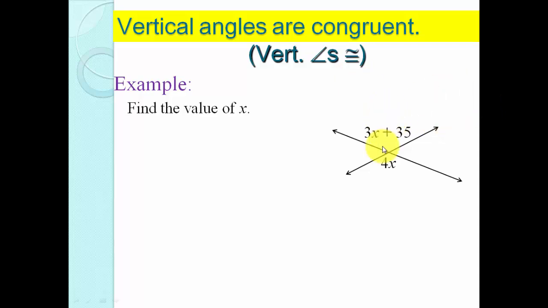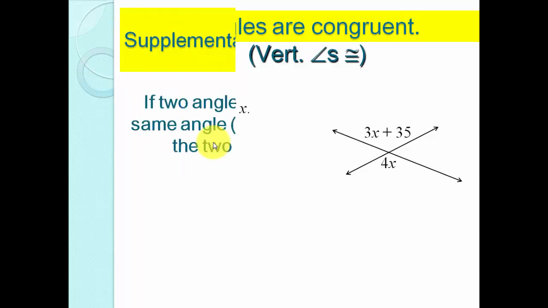Well, here we are given two vertical angles. We know that vertical angles are congruent, so that's going to make their measures equal. So we set up the equation 3x + 35 = 4x. Now we just need to solve this algebraically.